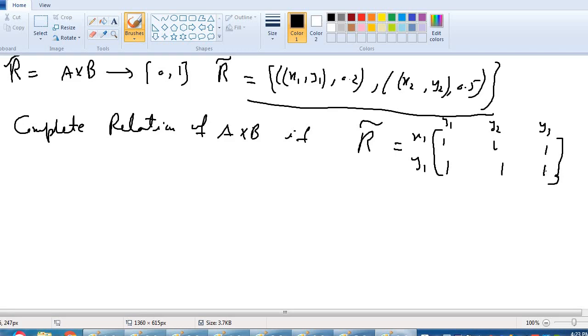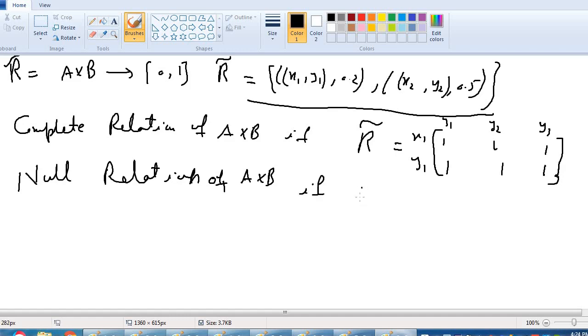And what is a null fuzzy relation? Null relation of A cross B: it is a null relation if R is equal to 0.